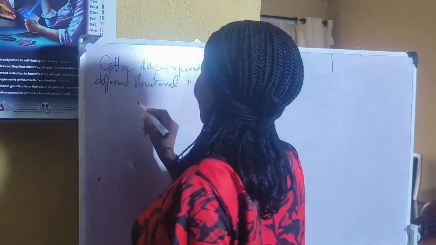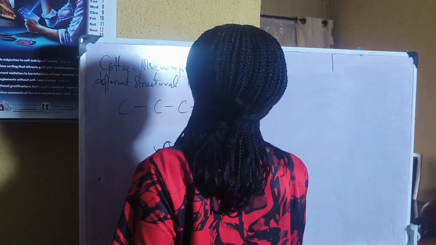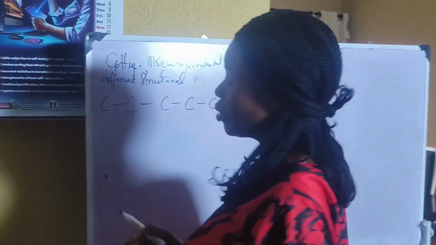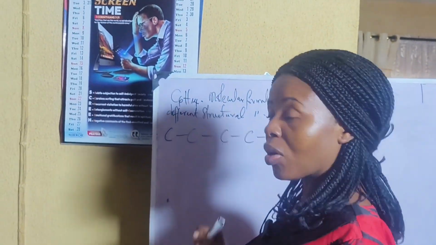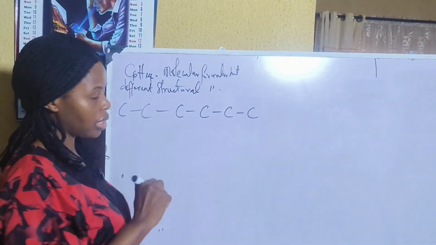We go by, first of all, longest carbon chain, which is 6. 1, 2, 3, 4, 5, 6. And then you can see it has 14 atoms of hydrogen, because carbon is tetravalent by nature.